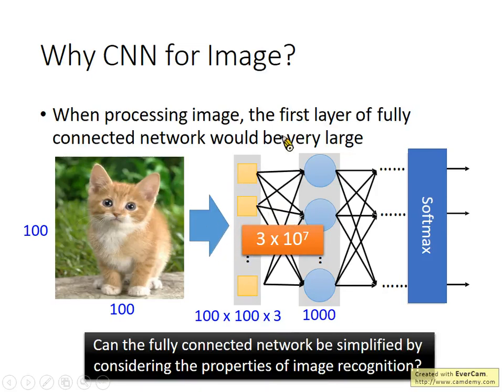And if we consider the fully connected network, then assume that the second layer consists of 1000 nodes. Then we can calculate that there are 3 times 10 to the power of 7 weights to be determined between the input layer and the first hidden layer.